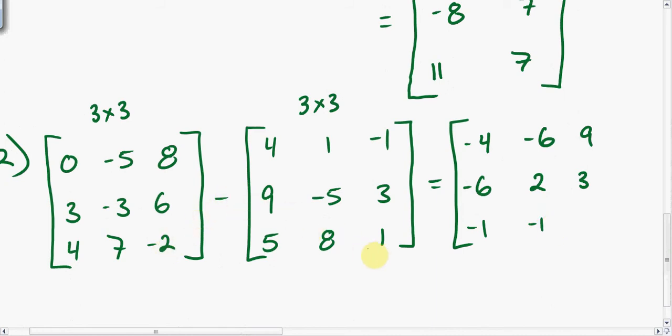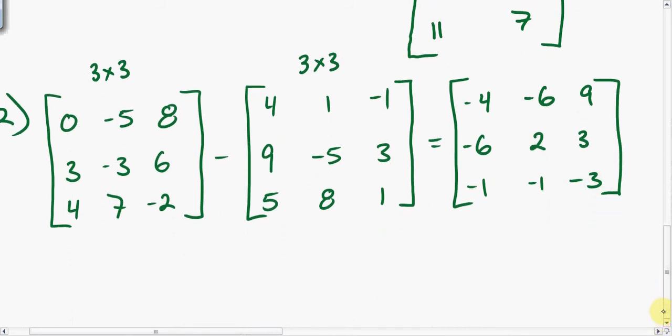Negative 2 minus 1, it's negative 3. So that's 9 different subtraction problems in one, and we have the answer of negative 4, negative 6, 9, negative 6, 2, 3, negative 1, negative 1, negative 3.